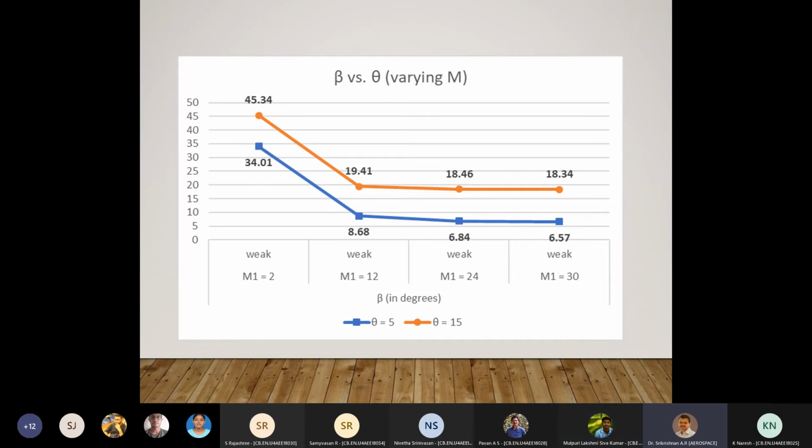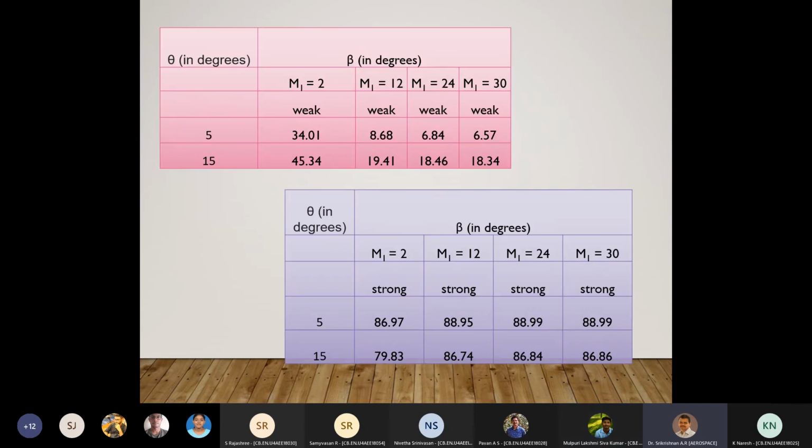Please stop there. Highlight what you said just now. That's an important observation, just for everybody to be sure. Yeah, for a given theta, the beta value decreases with increase in Mach number for a weak shock.